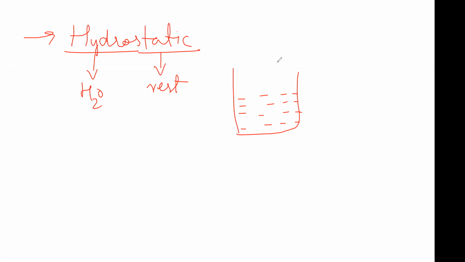Water is taken in a container, it does not move and it occupies the shape of the container, but it is not moving. Water is in a rest position, so we call it hydrostatic. So in physics, hydrostatics is one of the branches of physics.